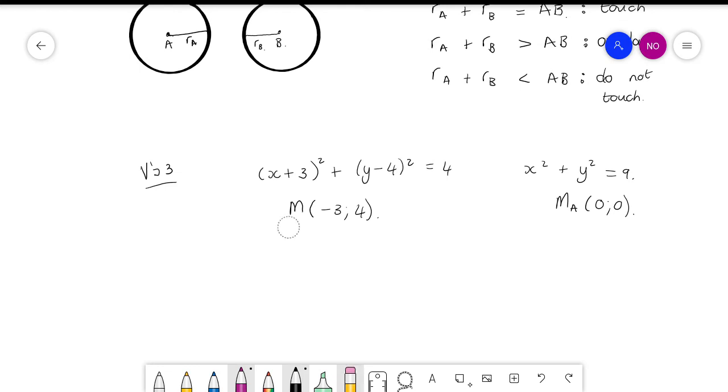Let's just make it a bit easier for ourselves. So the midpoint of circle A and the midpoint of circle B. So I'm now going to work out the distance between those two. Do you guys remember how to do the distance formula? (x minus x) squared plus (y minus y) squared.